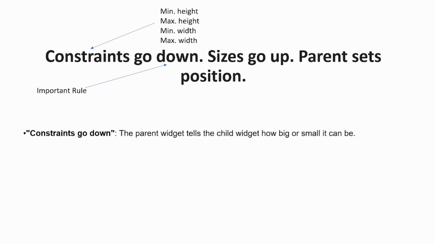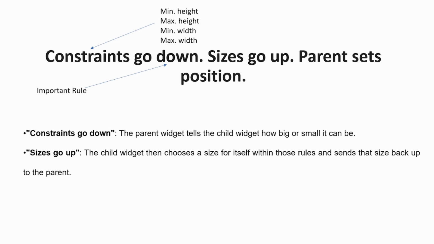Now constraints go down, so the parent widget tells the child widget how big or small it can be. The child alone can't decide whatever size it can be. The parent has to tell them, this is how big you can be, this is how small you can be. Sizes go up.